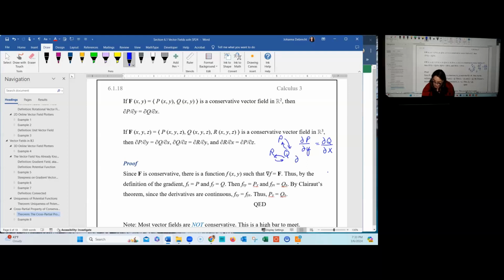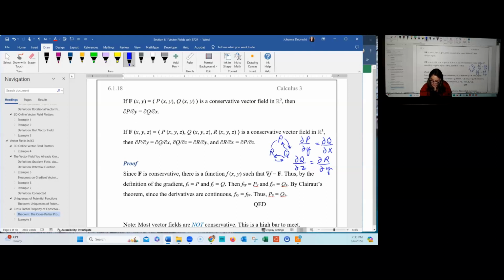If we take the partial of Q with respect to the variable that R represents, which is the z component, then this has to be equal to the partial of R with respect to the variable that Q represents, which is y.